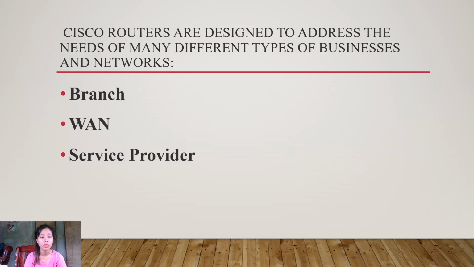For the WAN, large businesses, organizations, and enterprises, it includes the Cisco Catalyst series switches and the Cisco Aggregation Services Routers. For the service provider, large service providers include the Cisco ASR, Cisco CRS, Carrier Routing System, and 7600 series routers.